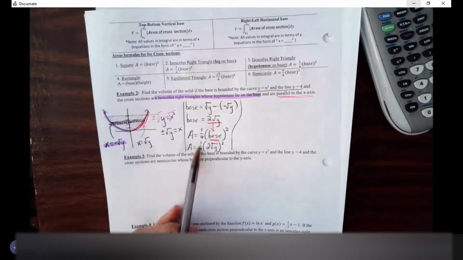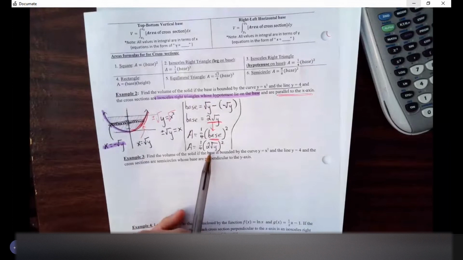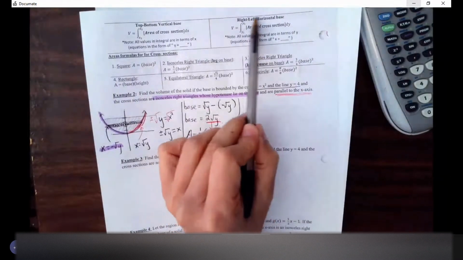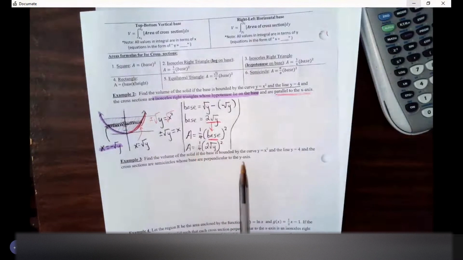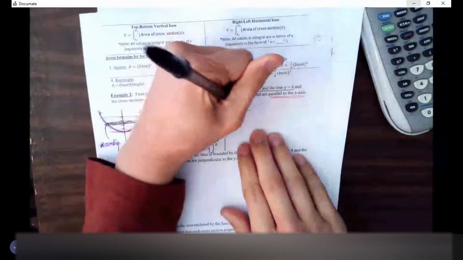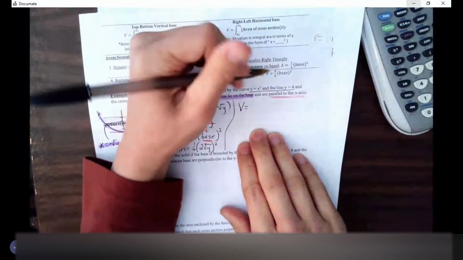Maybe I'll do a little bit of cleanup in a bit, but I know that this is going to get inserted into my volume formula because I want to accumulate all these triangles from one end to the other. So let me just put my volume formula here.